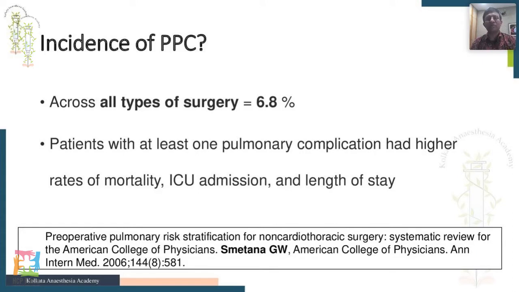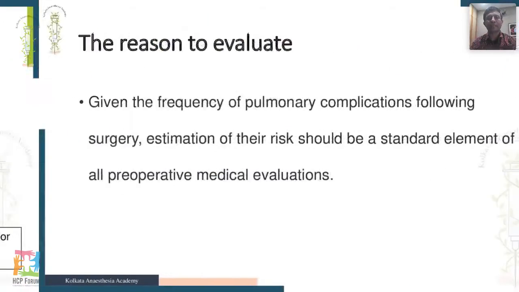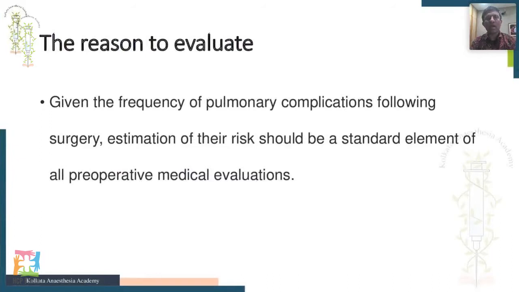We at times do not think about pulmonary complications, but to me they are as important as cardiovascular complications, because the rates of cardiovascular complications are lower than what is quoted in this slide. That is essentially why you need a very good pulmonary evaluation, risk stratification, and, if necessary, optimization prior to surgery.